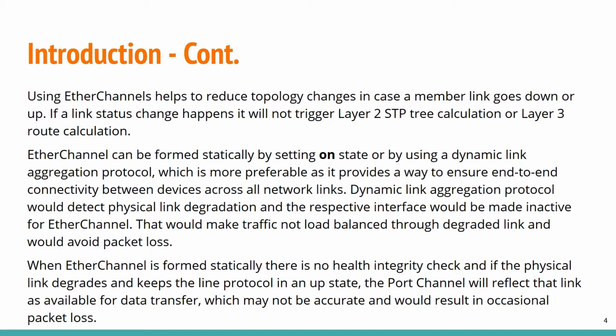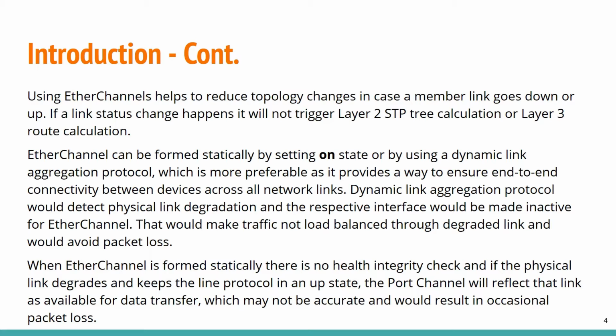EtherChannel can be formed statically by setting the on state or by using a dynamic link aggregation protocol, which is more preferable as it provides a way to ensure end-to-end connectivity between devices across all network links. A dynamic link aggregation protocol would detect physical link degradation and the respective interface would be made inactive for EtherChannel.